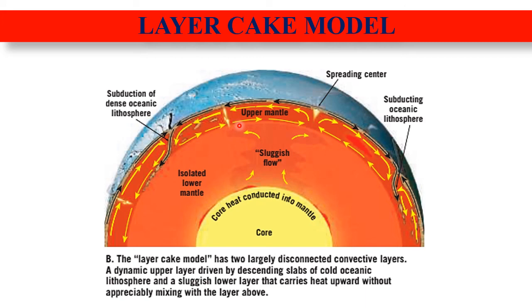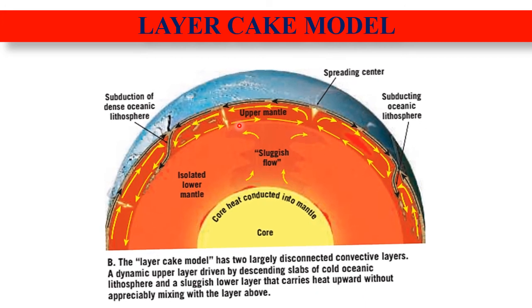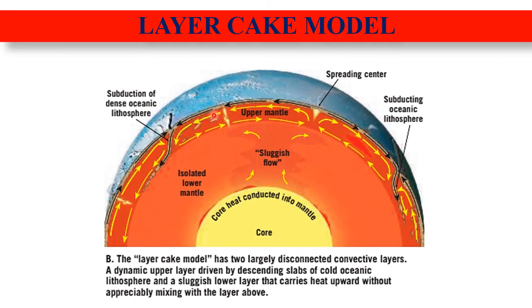Notice that the upper layer in the layer cake model is littered with recycled oceanic lithosphere of various ages. The melting of these fragments is thought to be the source of magma for some of the volcanism that occurs away from the plate boundaries, such as hotspot volcanism, for example in Hawaii.